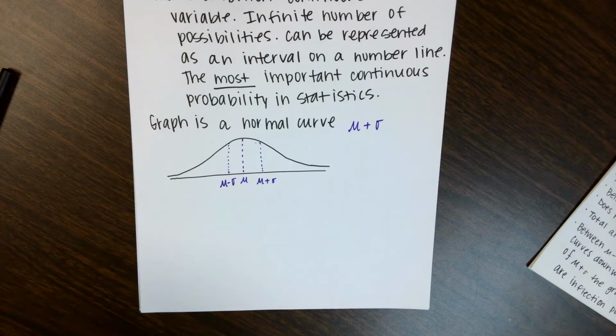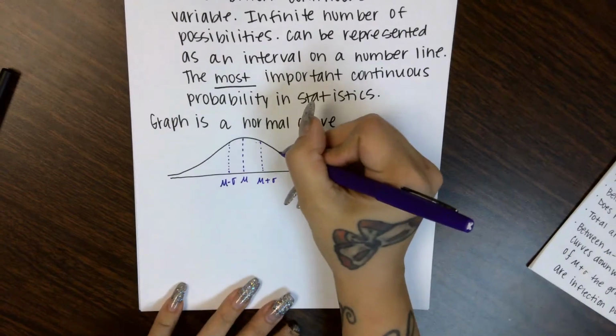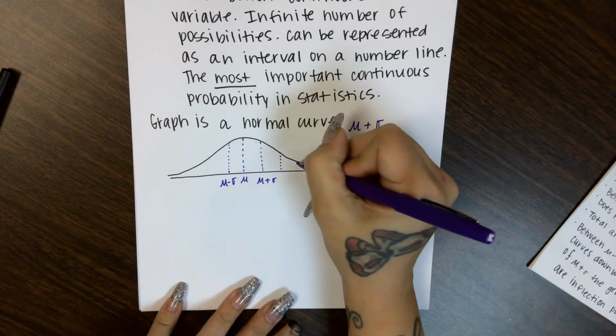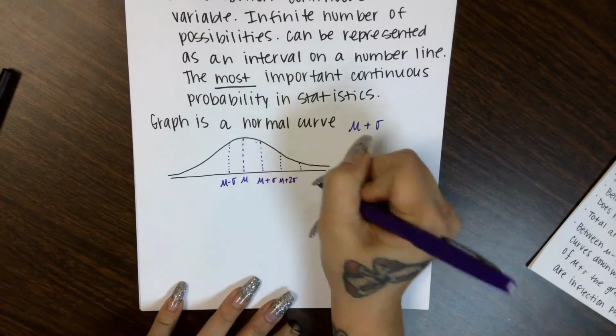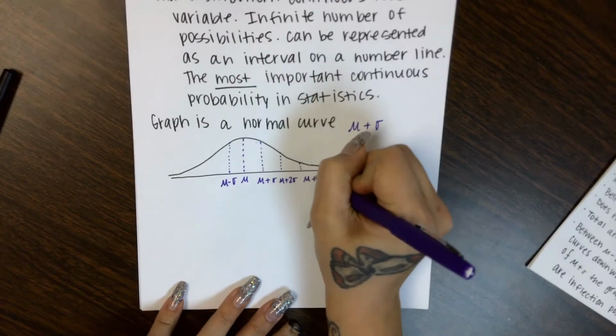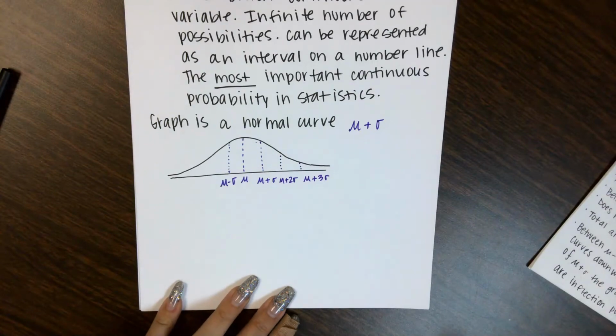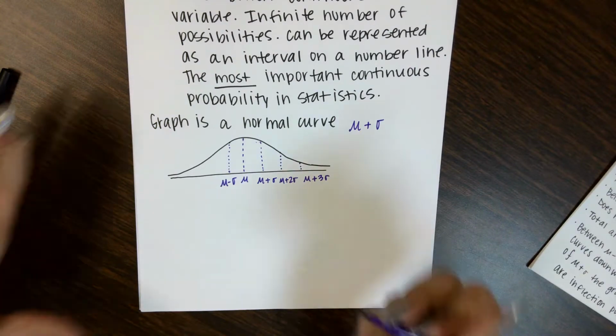And then we're going to actually go over again to the right and do more dotted lines, go to the left. We're going to do this 2 more times on each side. So about here, about here. This would be the mean plus 2 standard deviations, and this last one would be the mean plus 3 standard deviations. And then do the same thing on the left-hand side.